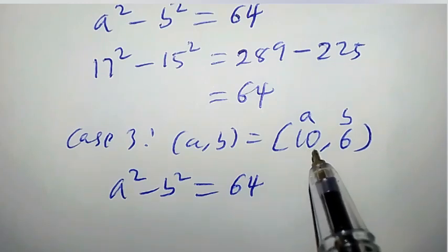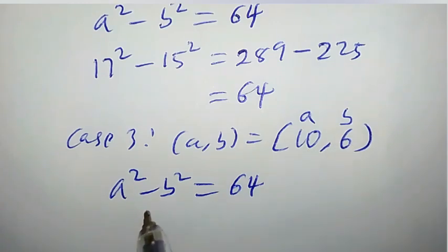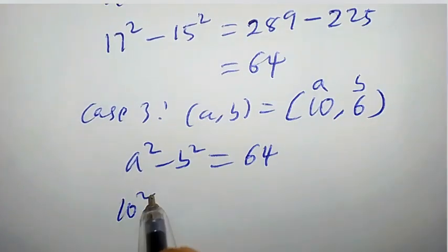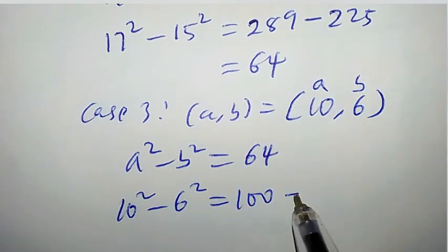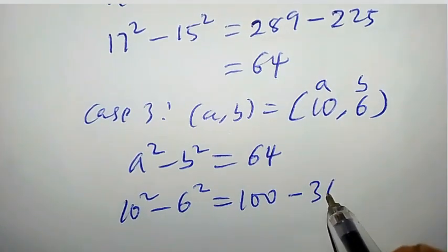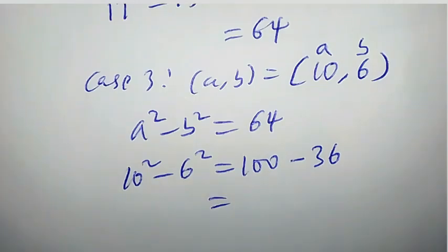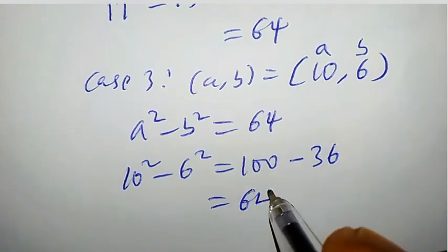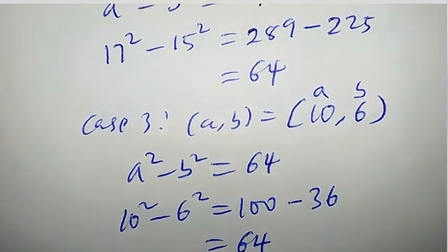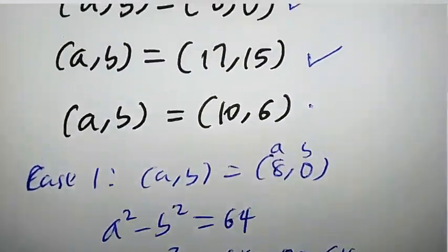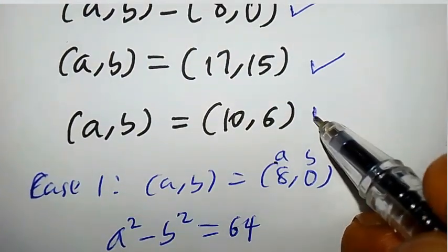So we substitute into the left hand side. We have 10 to the power of 2 minus 6 to the power of 2 equals 100 minus 36. Doing the subtraction, we have 64, exactly what we have on the right hand side. So indeed, the third solution is also correct.